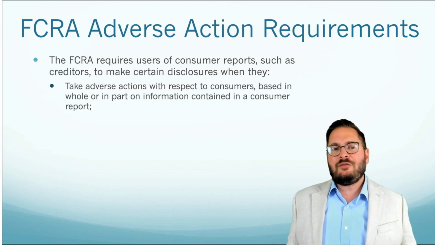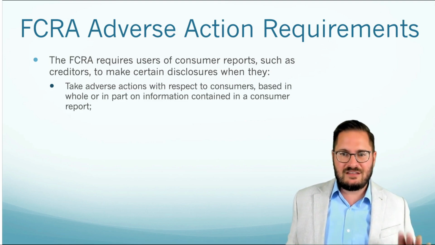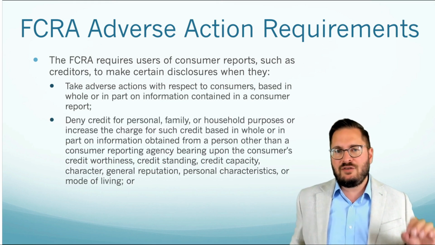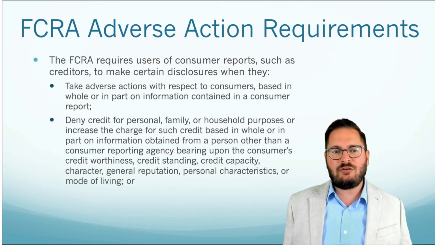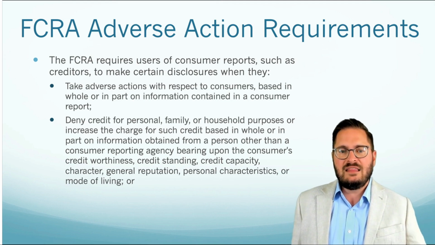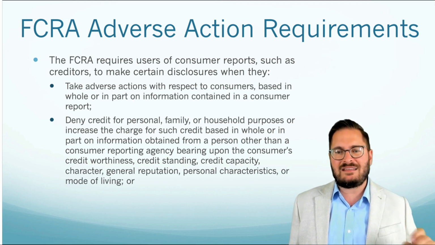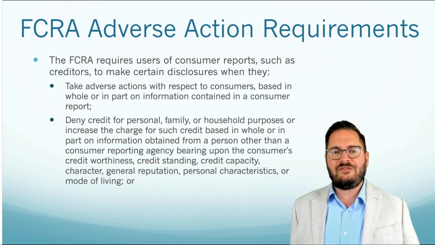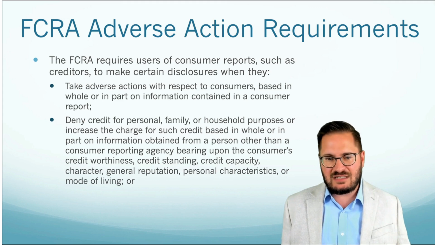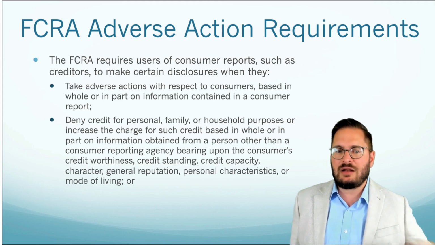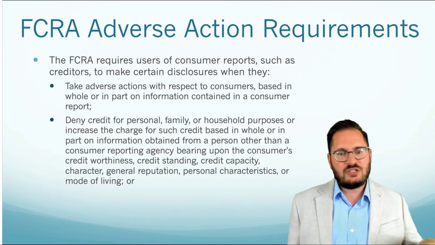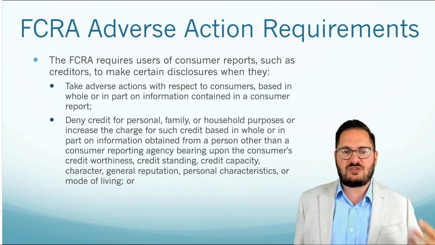Now, the Fair Credit Reporting Act gives us some other reasons why an adverse action notice would be required. This also includes if your institution were to deny credit for personal, family, or household purposes or increase the charge for such credit based in whole or in part on information obtained from a person other than a consumer reporting agency bearing upon the consumer's credit worthiness, credit standing, credit capacity, character, general reputation, personal characteristics, or mode of living.